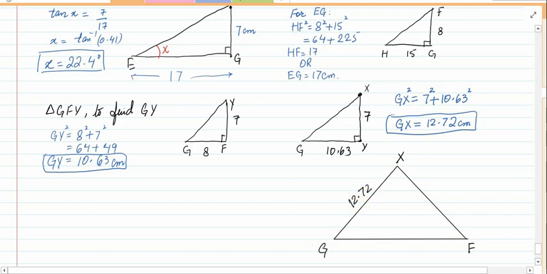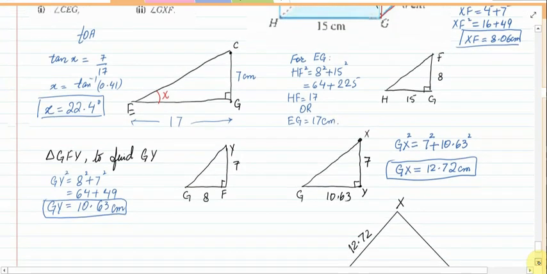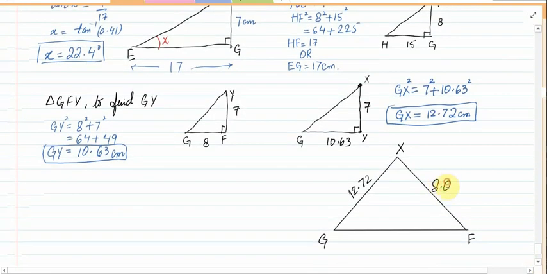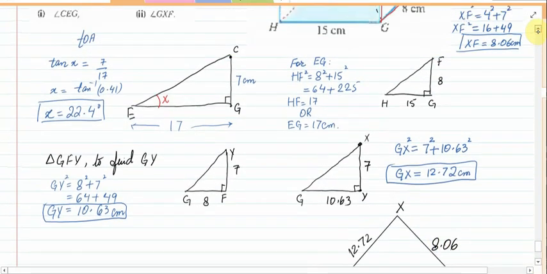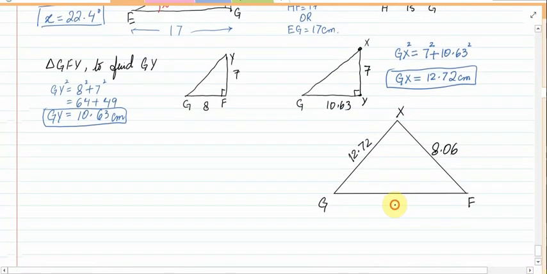The value of XF we found out is 8.06, and the value of GF is 8 centimeter, right? Now this is not a right angle triangle, so we need to apply the law of cosine here.